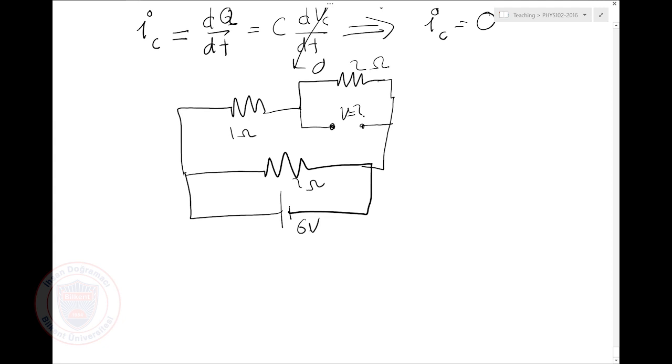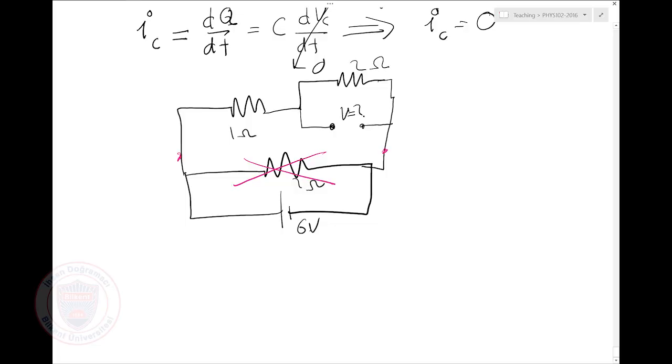Now, why is that so easy to find? Let me quickly show you one thing. What would happen if I just killed the second 2 ohm resistor? Would anything change as far as the capacitor is concerned? No. Why? Because the potential between the two ends of the circuit is fixed by the 6 volts. Whatever current is going in there, I'm not concerned about at all.